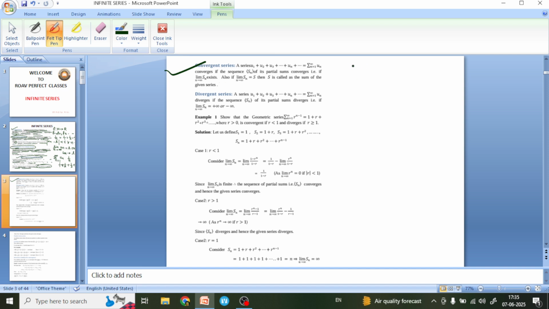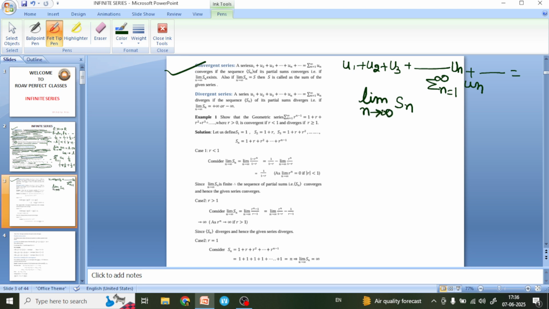The series u1 plus u2 plus u3 up to un, that is sigma n equal to 1 to infinity of un, converges if the sequence Sn of partial sums converges, that is, the limit as n tends to infinity of Sn exists.